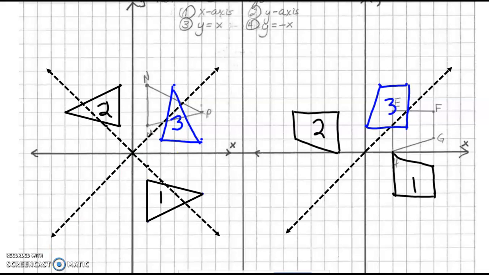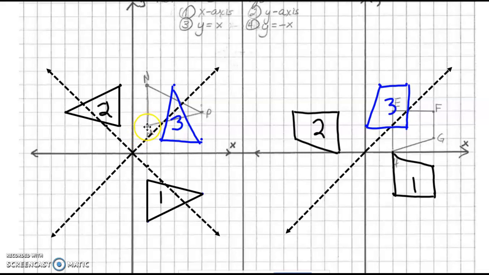Okay, in order to reflect our original figure over that new line, y equals negative x, you follow the same steps that we did for the line y equals x. So here's our initial point M, and I'm going to go to this dashed line, but I'm going to cut through the square diagonally to get there.